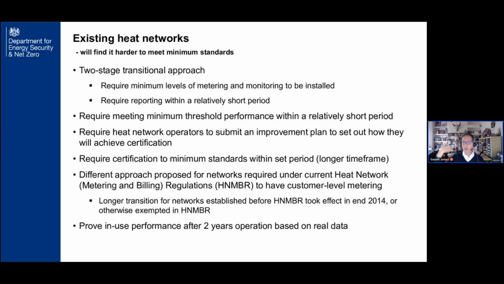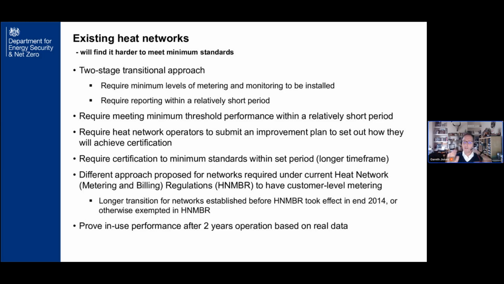We're then going to have an absolute minimum threshold performance, which needs to be achieved within a relatively short period. And then operators need to set out a performance improvement plan, setting out how they're going to achieve certification to minimum standards within a longer time frame, which I'll again come on to.